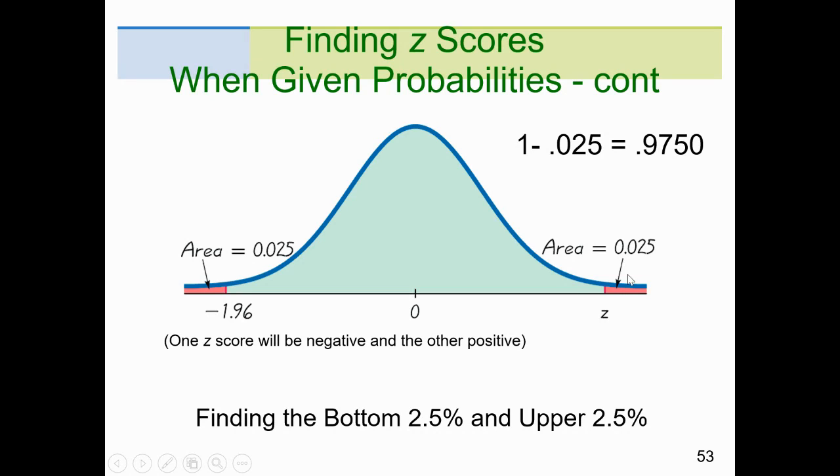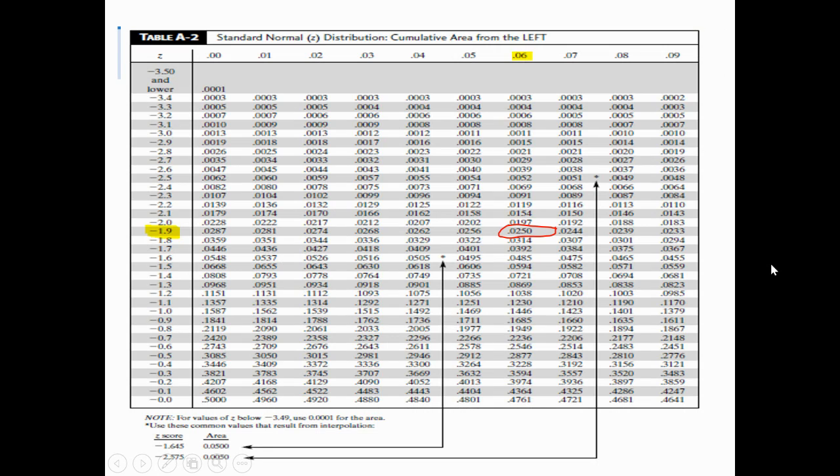If this area here is 0.025 and that's 0.025, then notice negative 1.96, this one here would be a positive 1.96. To find that, if this little bit of area here is 0.025, the area from here to the left is 0.9750. Go to the body of your table, look up 0.9750, and you'll find this to be a positive 1.96. It's symmetric. Sometimes you can make use of that.